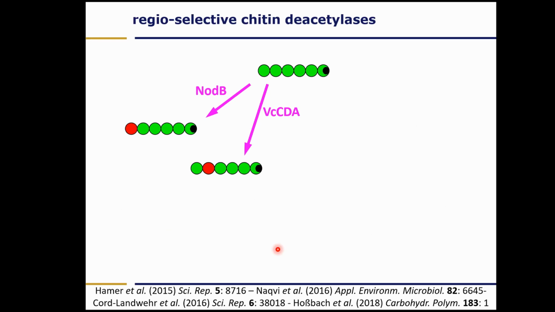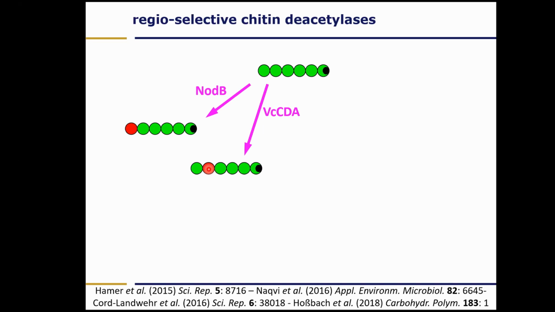So they typically act on certain units within the chitosan and not on others. So for instance, here we have two bacterial ones, NodB from rhizobacteria and VC-CDA from Vibrio. And you can see that they act very specifically. NodB only deacetylates the unit at the non-reducing end, whereas the Vibrio enzyme deacetylates the unit next to the non-reducing end, only this one unit.